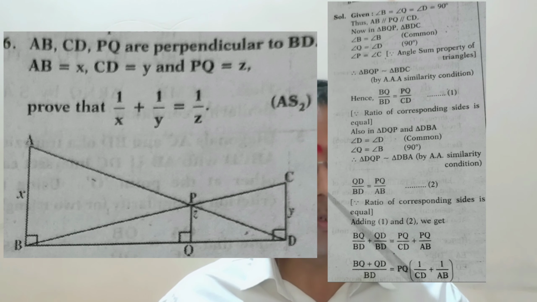So here one more important, here see this, AB, CD, PQ are perpendicular to BD, AB equal to x, CD equal to y, and PQ is equal to z. Then prove that 1 by x plus 1 by y is equal to 1 by z.